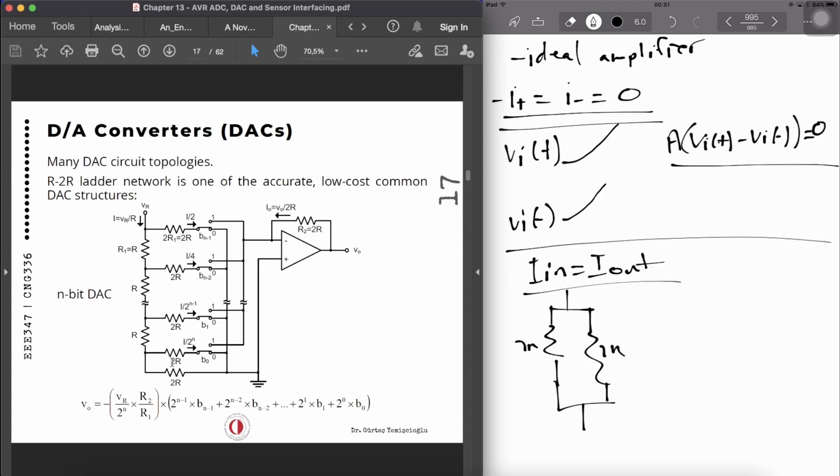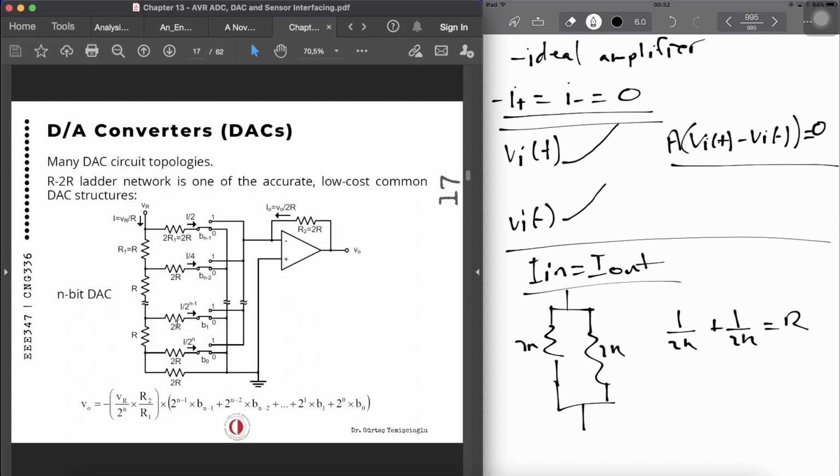So this is going to be 1 over 2R plus 1 over 2R. So what was the result? The result is R. Now, this R is in series with this R. If you consider that these are also in parallel, it's R and R and then R.